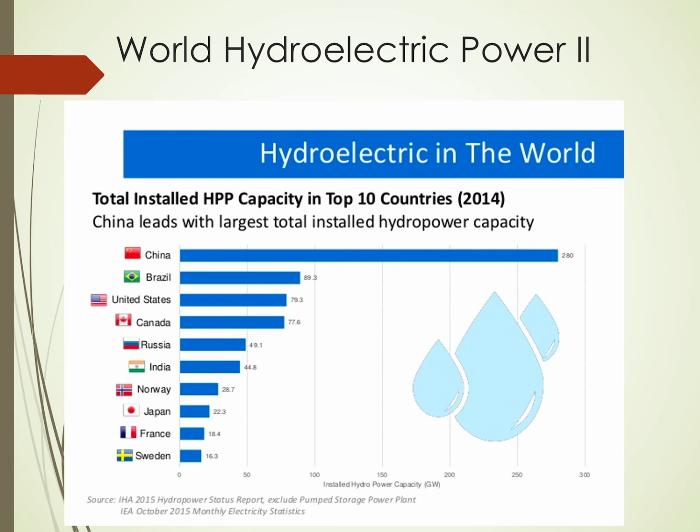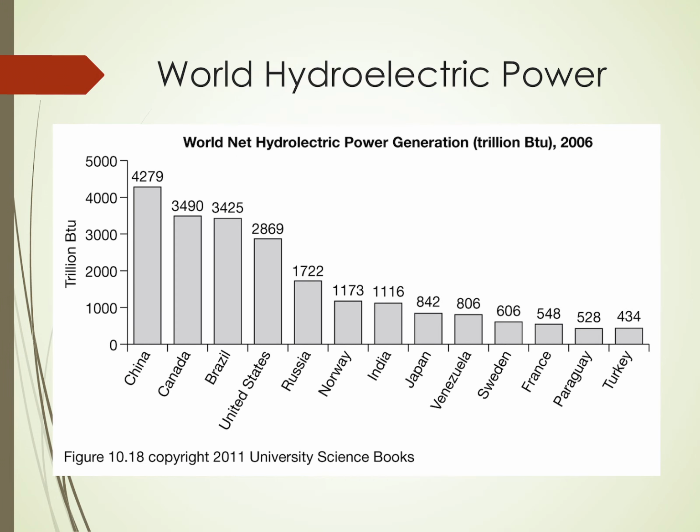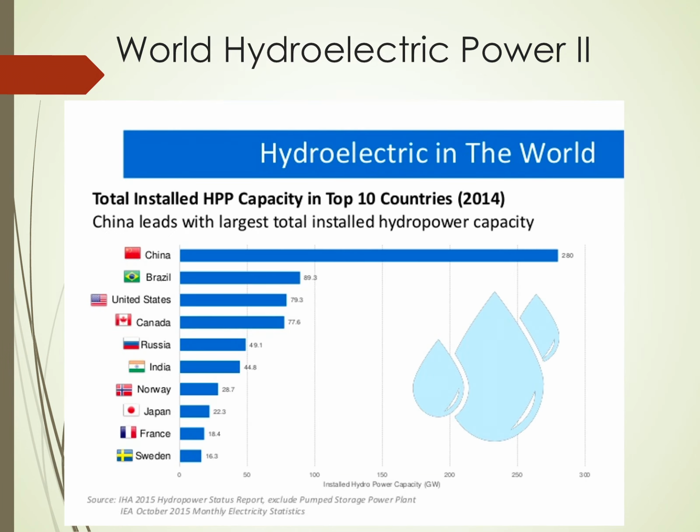This shows a little bit more recent hydroelectric in the world. This was in trillions of BTUs. This one is gigawatts, and I don't know that conversion off the top of my head. But it looks like total installed hydroelectric power capacity in the top 10 countries in 2014.